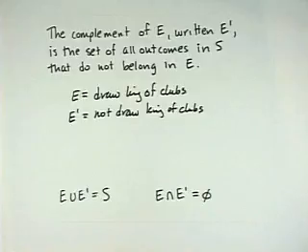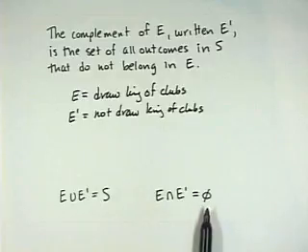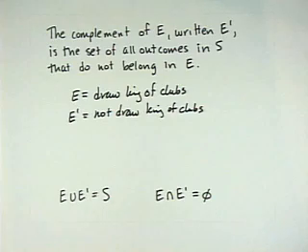There's a couple other items to notice about an event and its complement. The union of the event and its complement is the whole sample space. The intersection is the empty set. They cannot both occur at the same time. Well, we have something called a Venn diagram that illustrates this idea of an event and its complement.